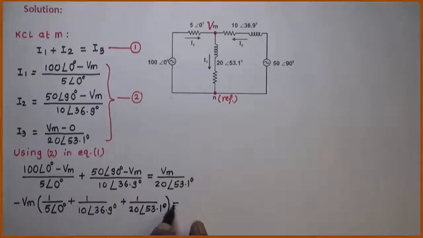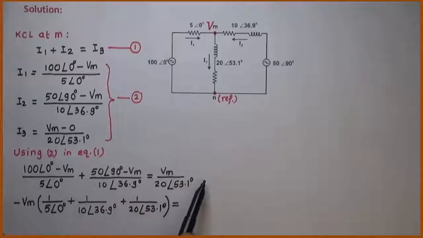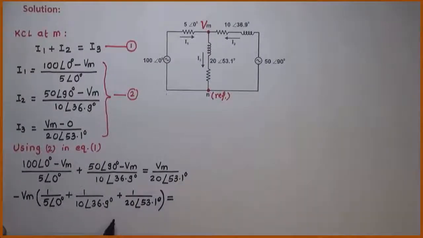is equal to, now we have to take these constants to the other side. So 100∠0 divided by 5∠0, when I take it to this side, it will be minus 100∠0 divided by 5∠0.